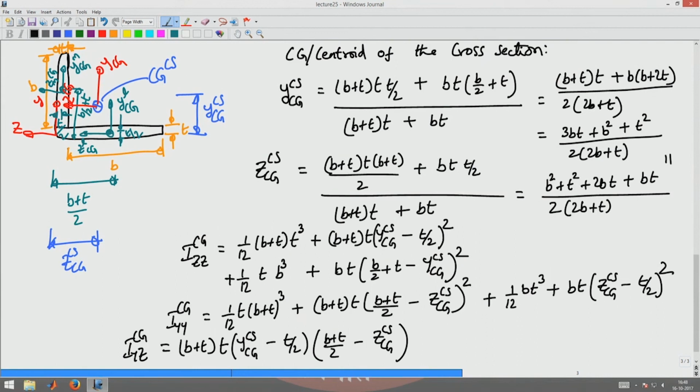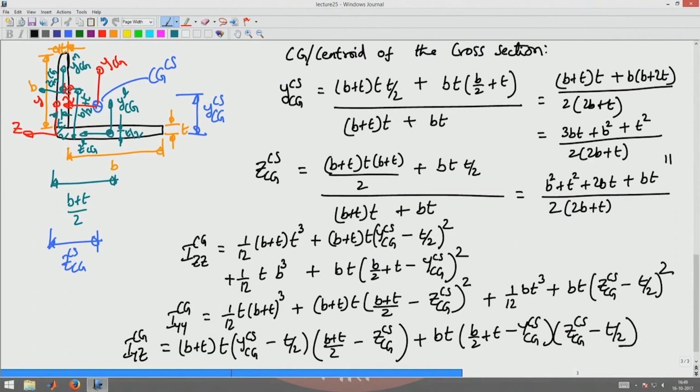Similarly, next you have to look at the shift in the vertical leg. So, the area of that vertical leg is B times T. Now, what is the distance you have to use? You have to use this distance, (B plus T) minus y CGS, and Z CGS minus T by 2 is the distance you have to use. So, that will be (B by 2 plus T minus y cross section CG) into (Z cross section CG minus T by 2).